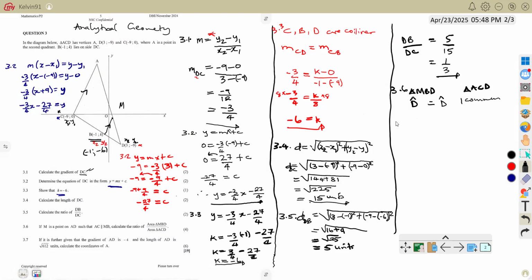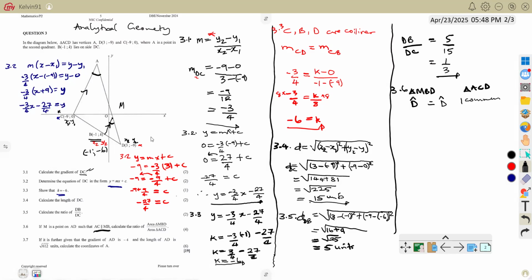Then from there, we can now go to this triangle. Since we have been told that AC and MB are parallel, we can therefore conclude that this angle and this angle are equal.